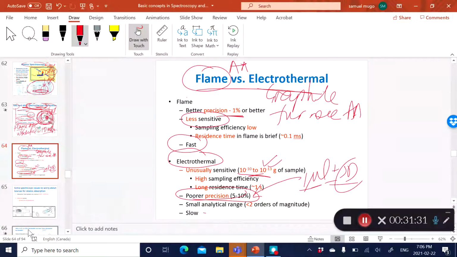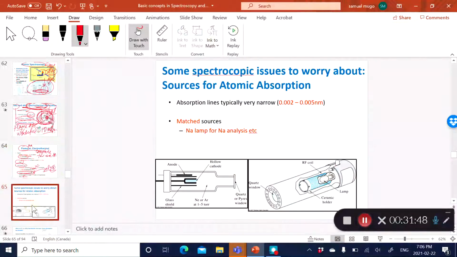And also the technique tends to be slower, because you are doing this multi-step temperature gradient increase, and of course, that increases the amount of time you use to run each sample. So there are a couple of issues that you face when you're doing spectroscopy, particularly atomic spectroscopy.